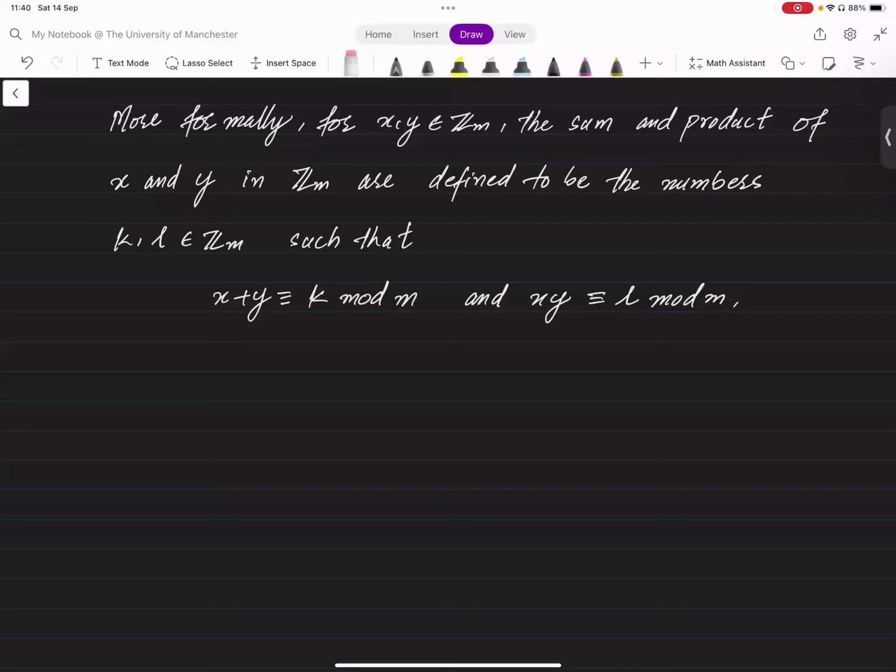And we will write x plus y is k and xy is l in Zm. This is how we define the system Zm in general.